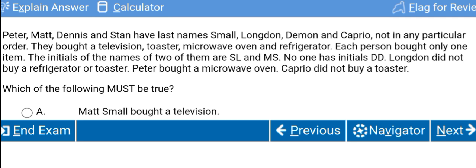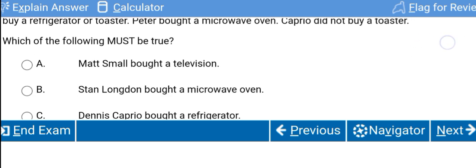The initials of names of two of them are S, L and M, S. No one has initials D, D. Longdon did not buy a refrigerator or toaster. Peter bought a microwave oven. Caprio did not buy a toaster. So which of the following must be true?